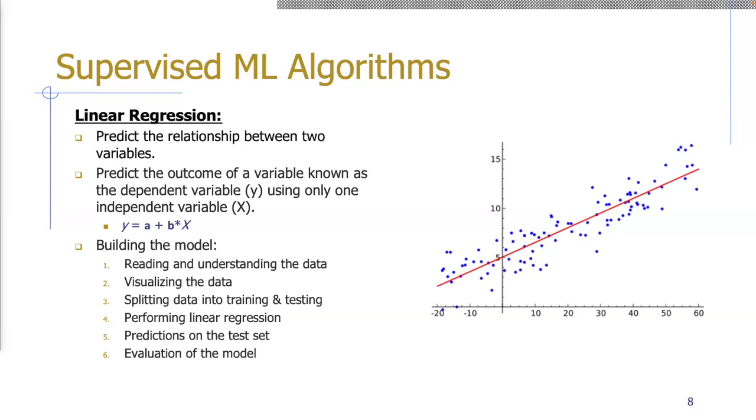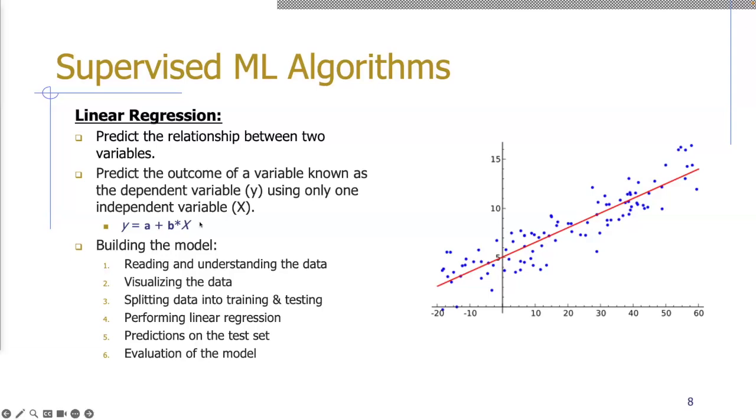And we predict the dependent variable using the known value of the independent variable, x. Predicting y using x. So there are many x's on the x-axis and corresponding y values.